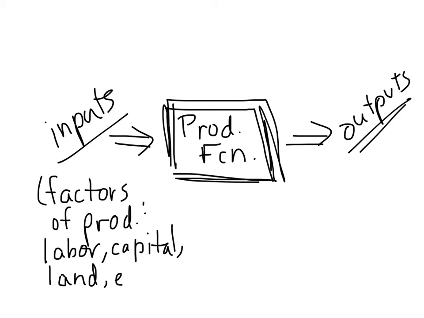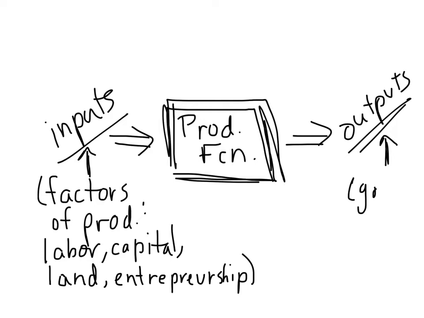And finally, entrepreneurship, which can be considered an aspect of capital, or it can be spelled out separately. So these are our factors of production. Our outputs are usually referred to as goods and services. Okay.